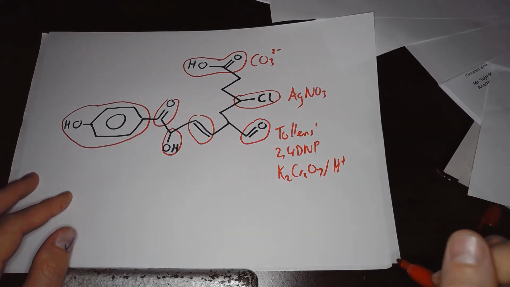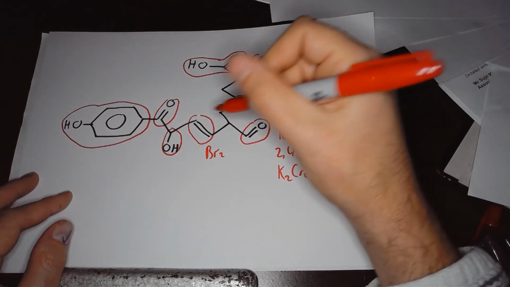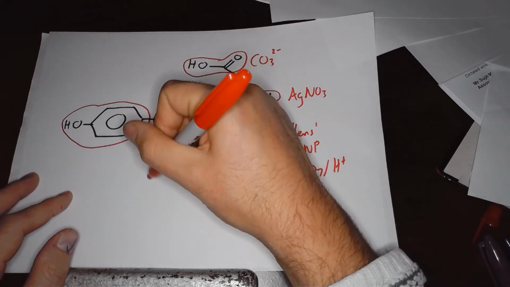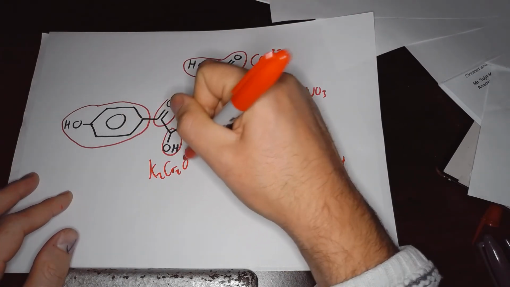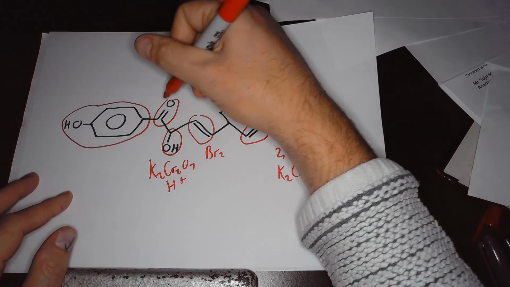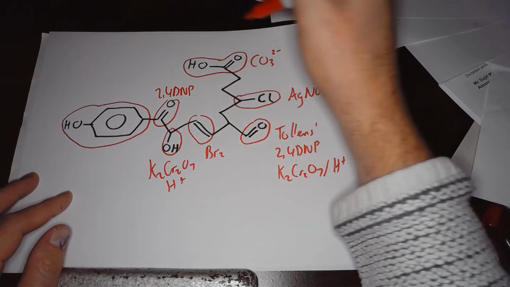Acidified potassium dichromate. Double bond, that's for bromine. Secondary alcohol, again potassium dichromate. It's ketone, 2,4-DNP. It wouldn't react with the Tollens.